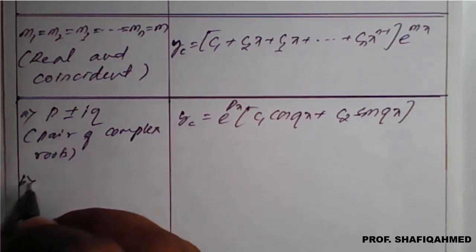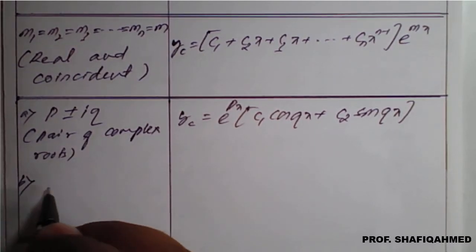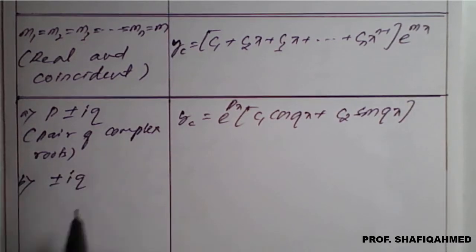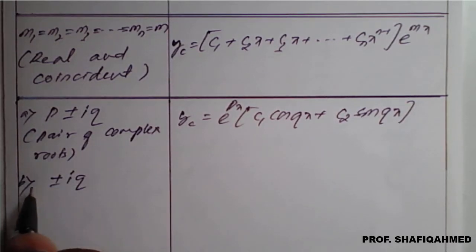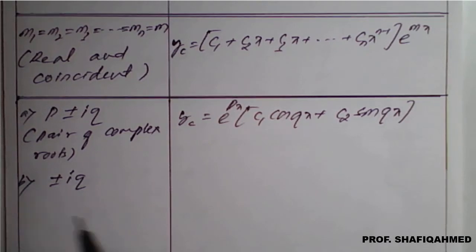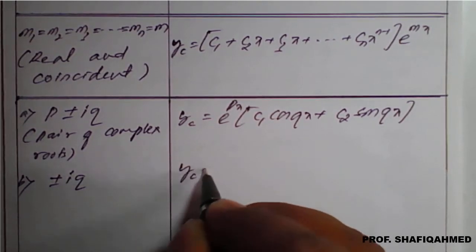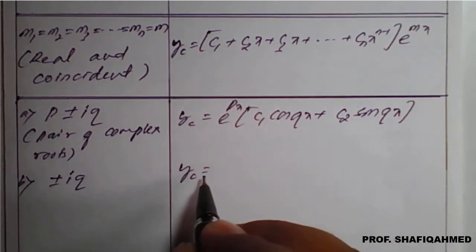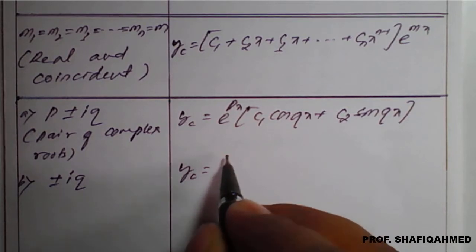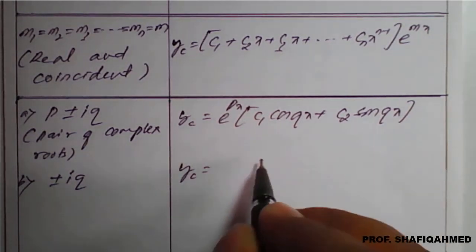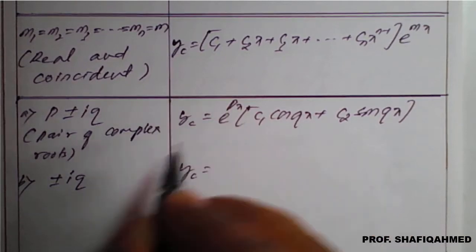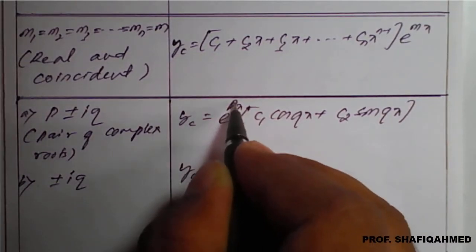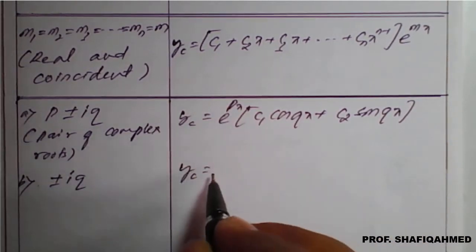Next, the second kind of root possible is plus or minus iq, meaning the real part is missing; you have to consider the real part as 0. Therefore, to write the complementary function, e raised to p is e raised to 0, which is 1.